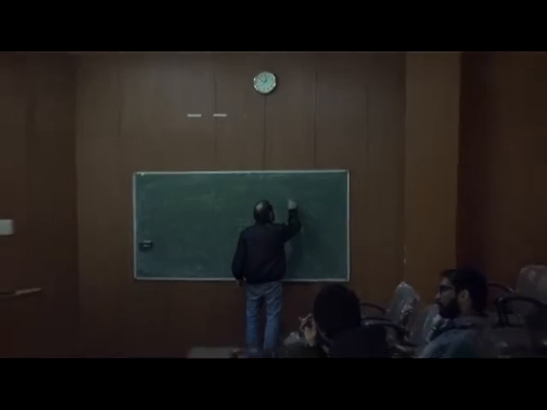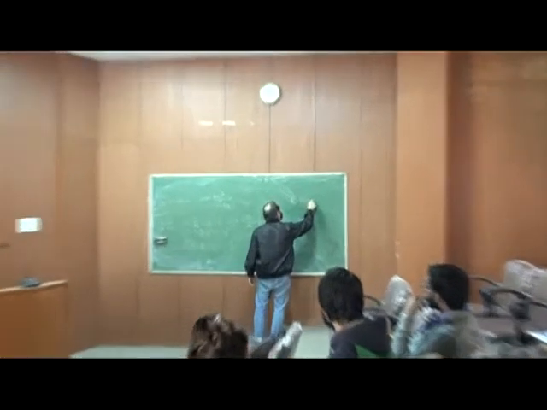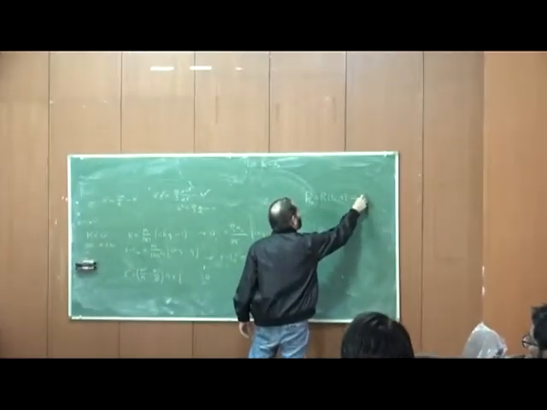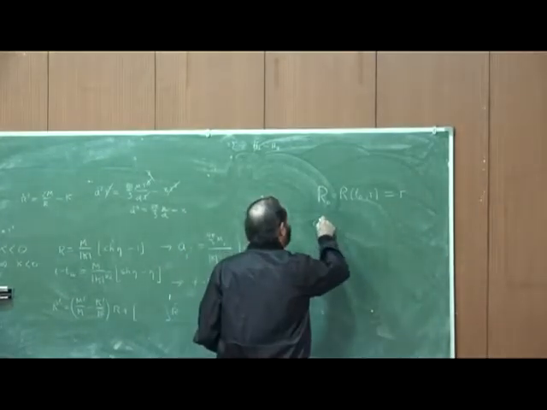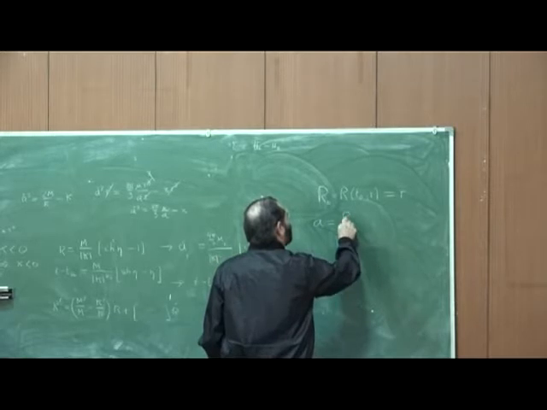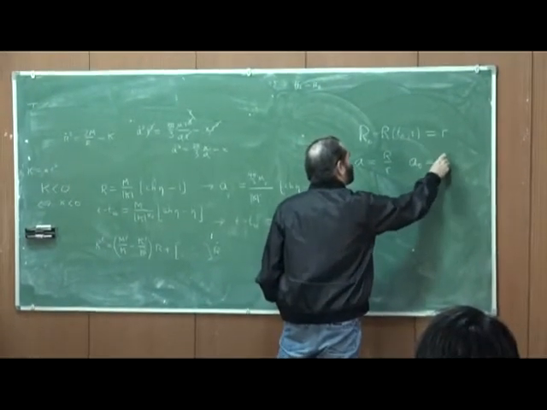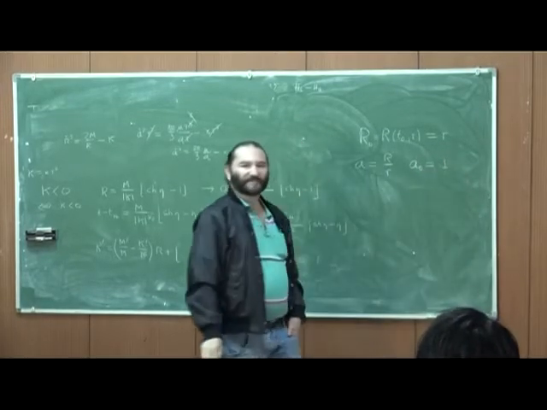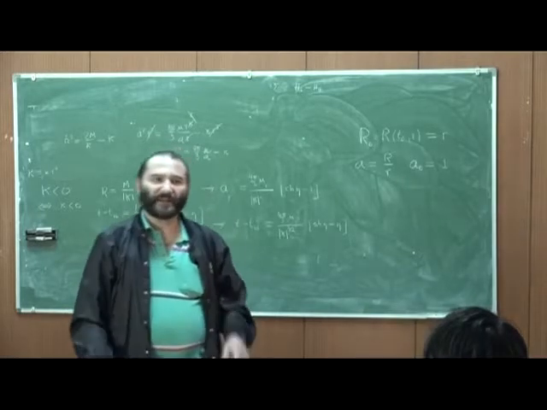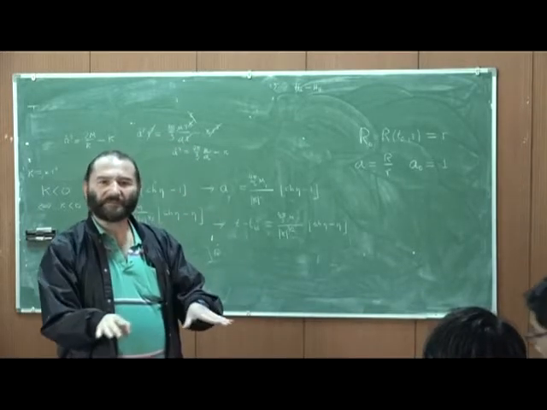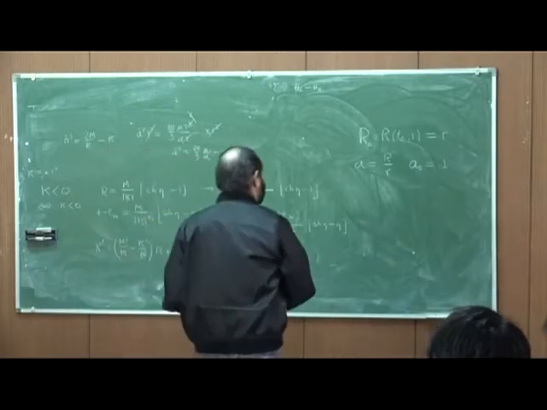We're saying R of 0, which is R at t0, equals R. Okay? So what is A? A is R over R. So what would be A0? This is a scale factor that in the initial surface becomes 1.